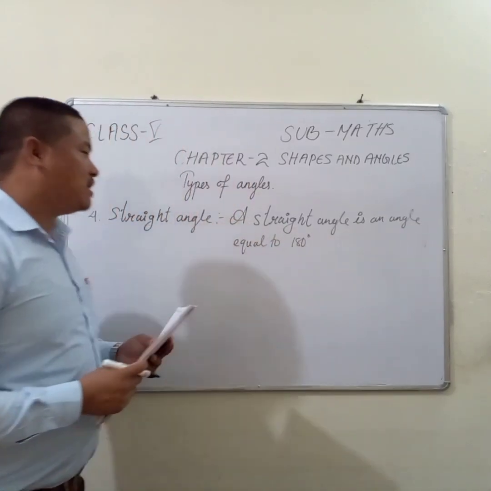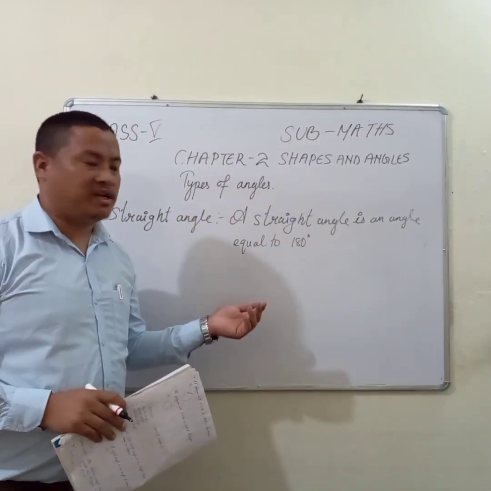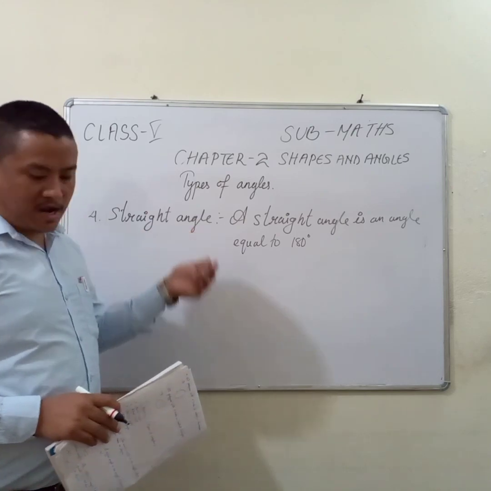Okay, any angle which is equal to 180 degree is called a straight angle.